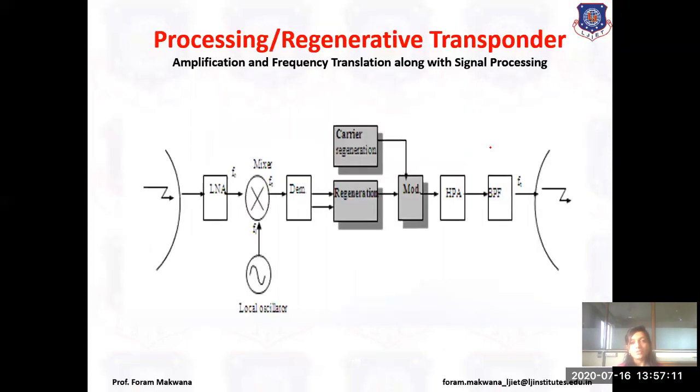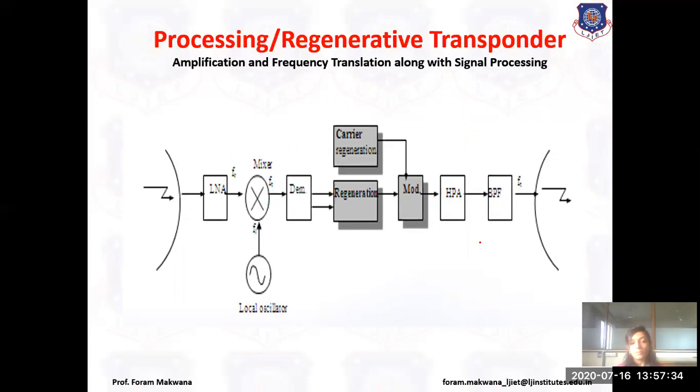This is called a regenerative transponder. Why? Because over here, transmitting and receiving antennas are there, LNA is there, mixer and LO are there. But over here, demodulation and modulation are there. So your signal is regenerated with the help of carrier generation as well as modulation.